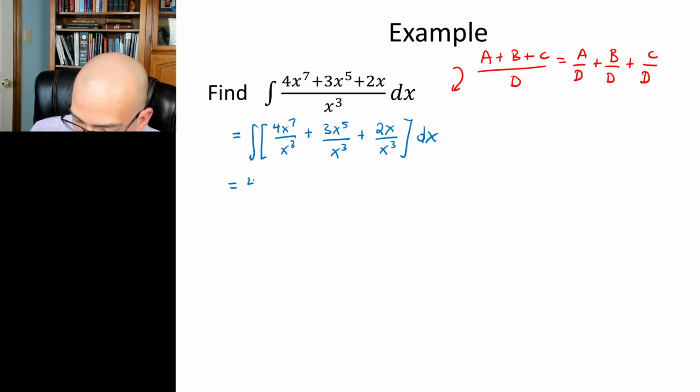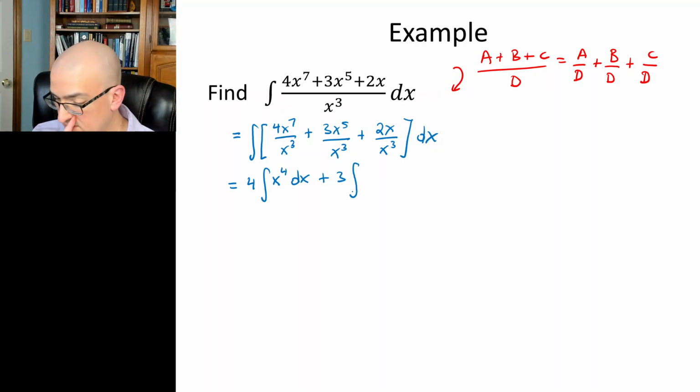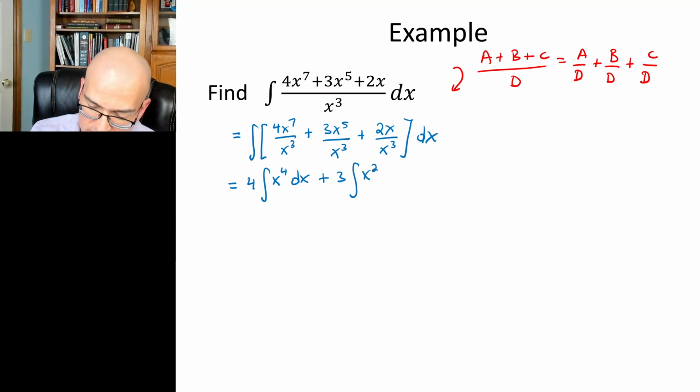So we have 4 times the antiderivative of the power subtract, x to the power of 7 minus 3, so x to the 4, with respect to x, plus 3, integral x to the 5 over x to the 3, the power subtract, x to the power of 2. And the last one, we have x to the power of 1 over x to the power of 3, so it'll be x to the power of negative 2.